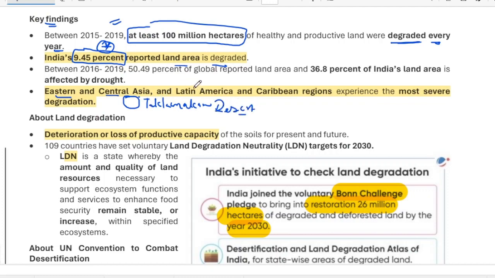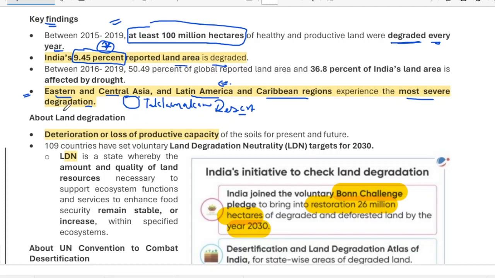And then the Latin America and Caribbean regions, where there are also many deserts. These are the areas where the most severe degradation is taking place at the current time.